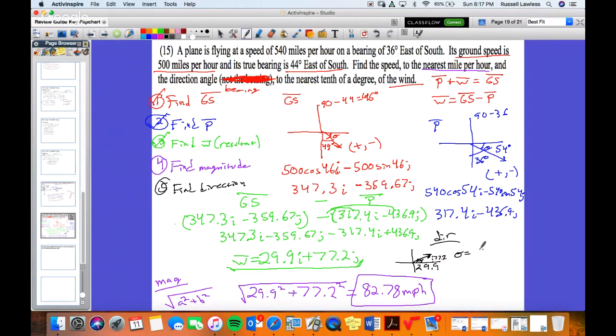Then the angle would have been the tangent inverse of 77.2 over 29.9. When we do that, we'll get 68.8 degrees, which is essentially 69 degrees north of east.